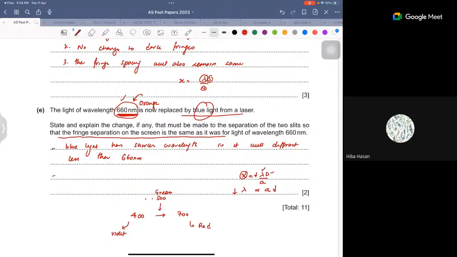So to make sure the fringe spacing is the same, decrease the slit separation. I can only know this from this formula, by comparison. If you have any questions, please let me know.